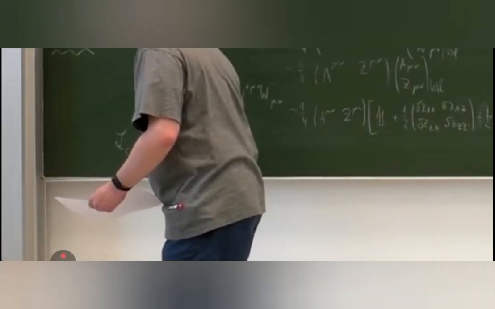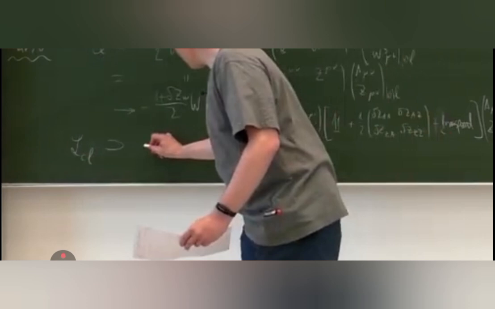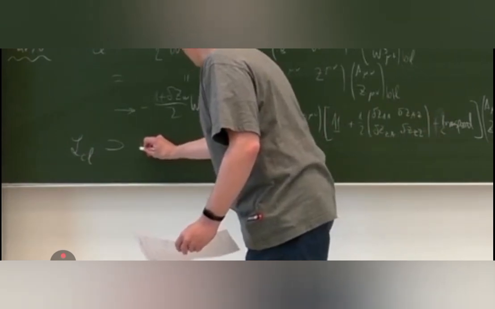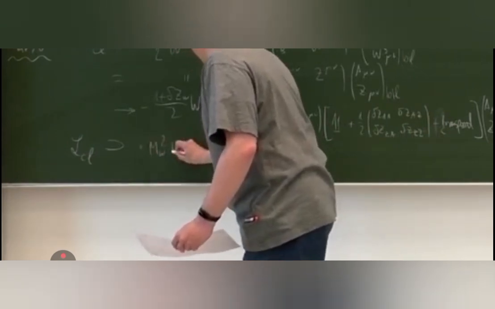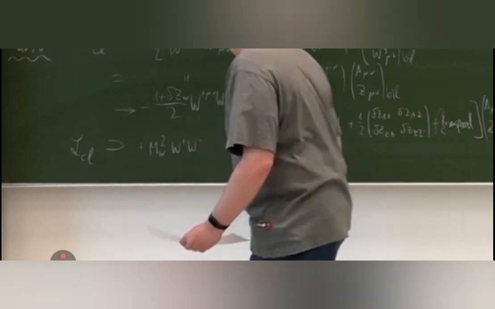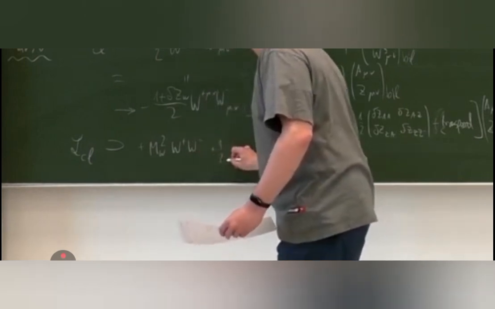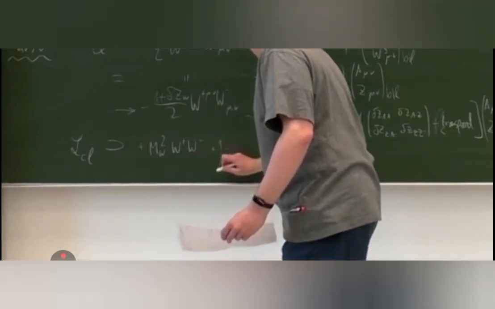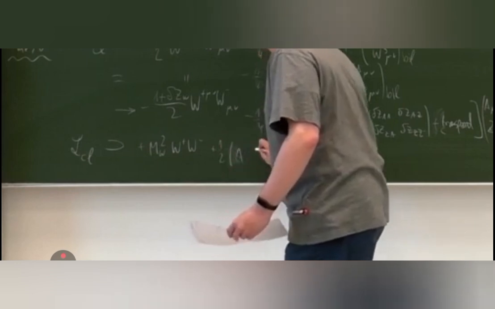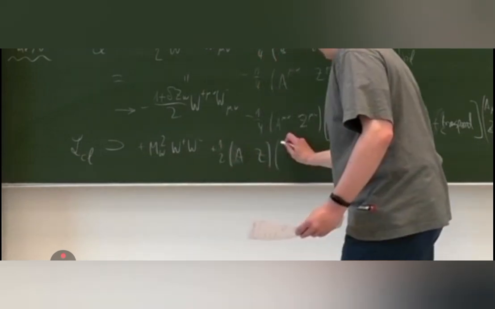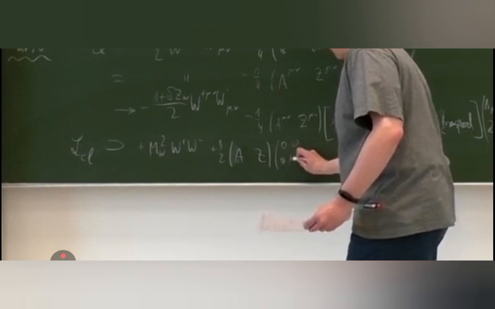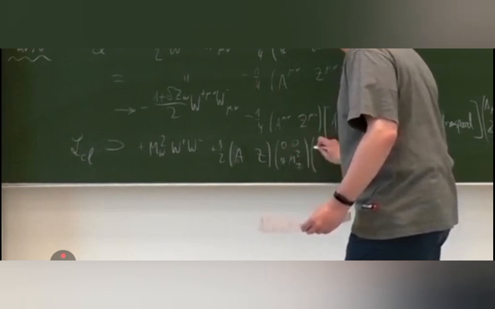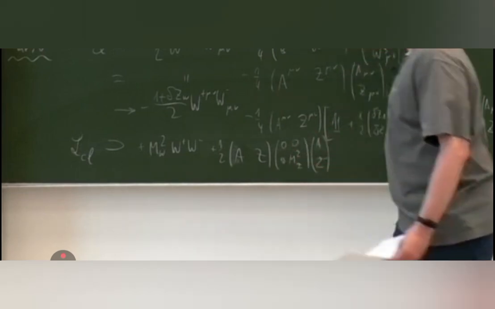Then there are also the mass terms. So the classical Lagrangian also contains mass terms like these ones, namely plus mW squared times W plus W minus, plus 1/2, let's write it again like this, A Z, then 0, 0, 0, mZ squared, times A Z. These are the mass terms in the classical Lagrangian.